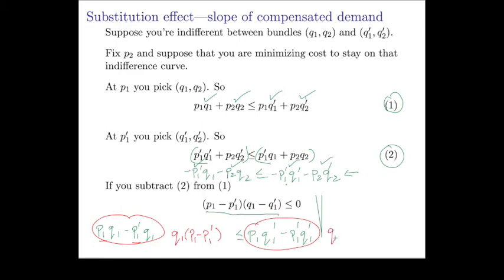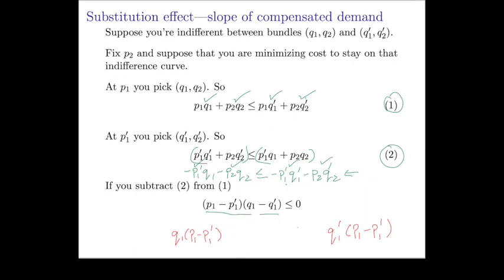So you can write Q1 prime times P1 minus P1 prime. So what we have is that Q1 times P1 minus P1 prime is less than or equal to Q1 prime times P1 minus P1 prime. Well, we can subtract Q1 prime times P1 minus P1 prime from both sides.